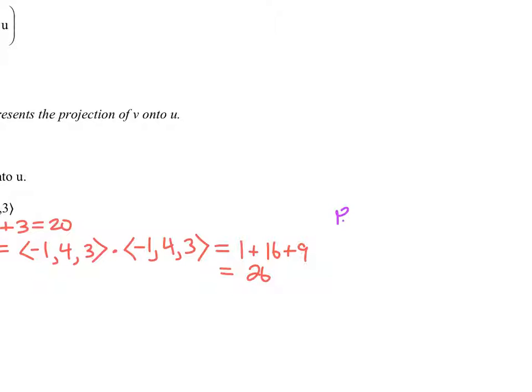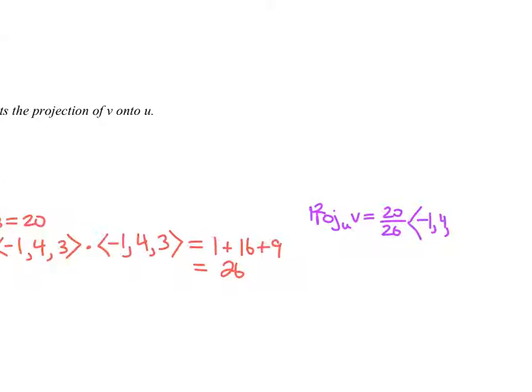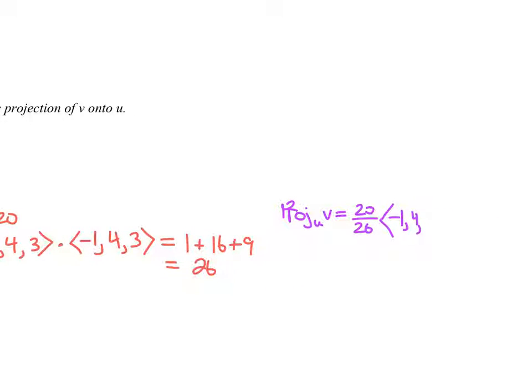So the projection of v upon u is going to be 20 over 26 in the direction of u, which is -143. Simplify, 10 over 13.